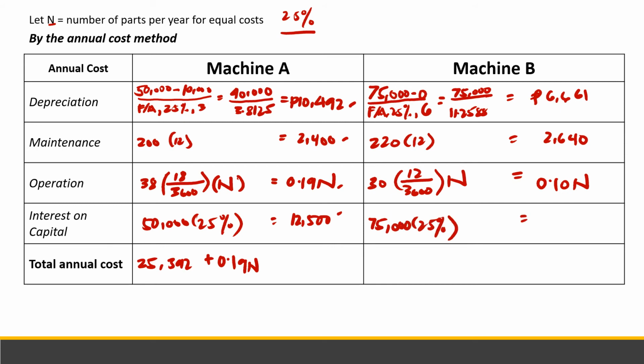So this is equals to 18,750. So the total annual cost for machine B is 28,051 plus 0.10 n.